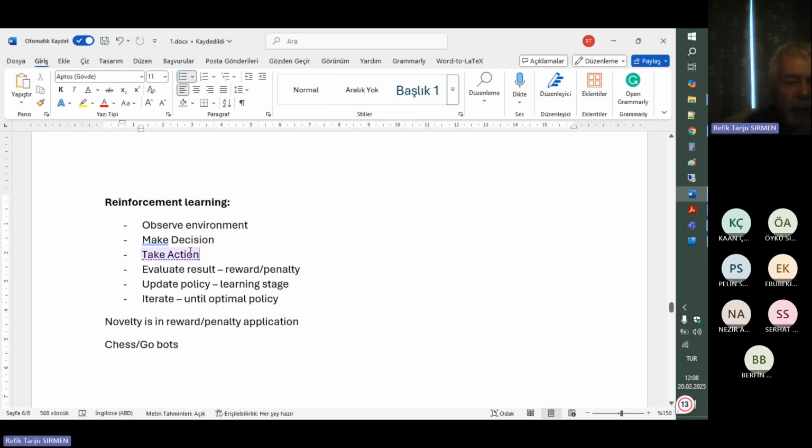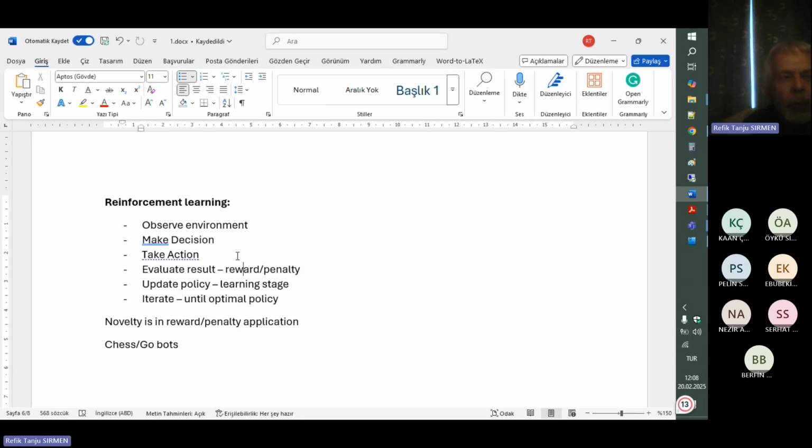After this action, some result occurs, some output, and we evaluate that result, okay? And depending on that result, we just give a reward, which is good, okay? If the result is as we expected, we give some reward.